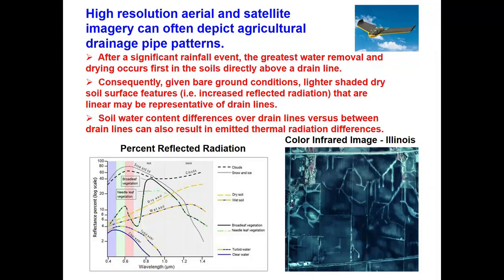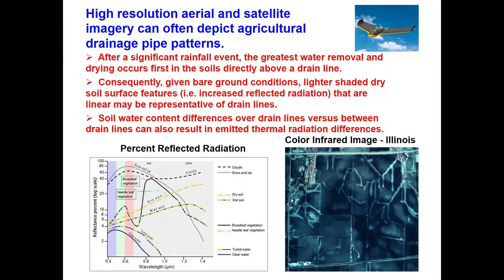You'll have a difference in maybe the emitted thermal energy over the drain line versus between the drain lines. Again, over the drain lines will show up on the image as a warmer, lighter shaded feature, as opposed to between the drain lines.